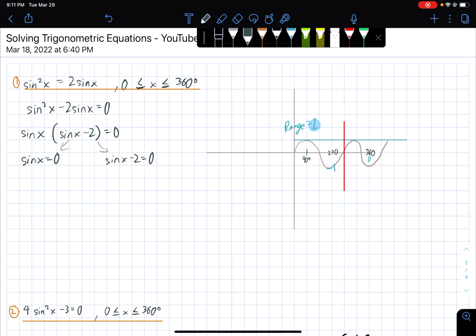So we have something like this, and x is equal to arc sine of 0. On the other side, we transpose negative 2 to the other side. It will become positive 2. And likewise, we will be transforming sine x equal to 2, rewriting it as x is equal to the arc sine of 2.